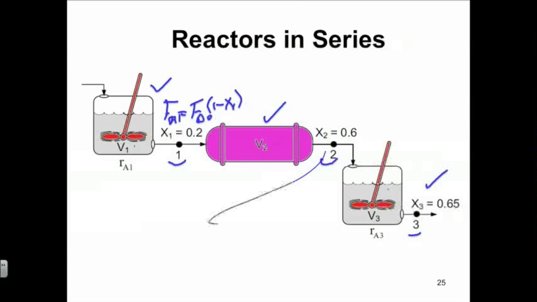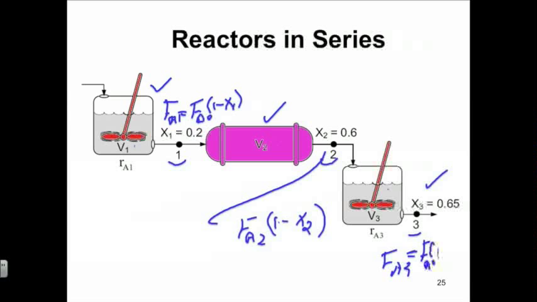At point 2, Fa2, the molar rate exiting here, will be Fa0 (1 minus X2). And similarly, at 3 here, the molar flow rate will be equal to Fa0 (1 minus X3).